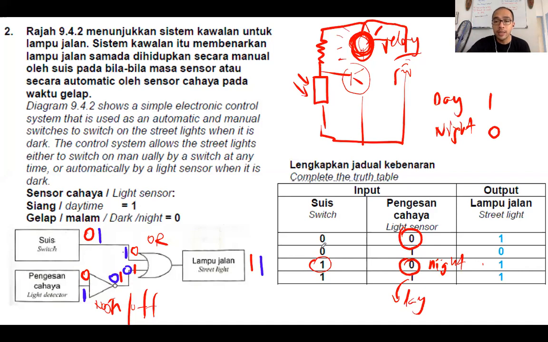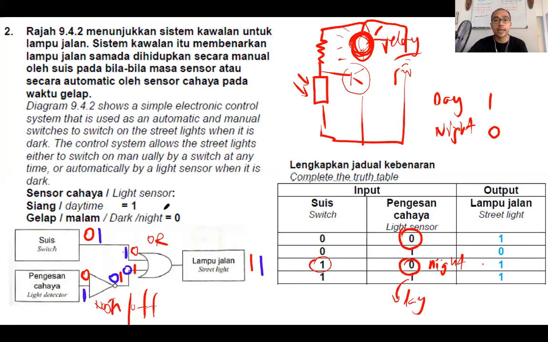Definitely if the switch is turned on, it must be on. And definitely if the light sensor is dark, then it will turn on. Sorry, 0 and 0, then it will turn on. So there is only one condition where the street lights will be turned off: the light sensor sees that it's daytime and the switch is off. Other than that, everything will be on.